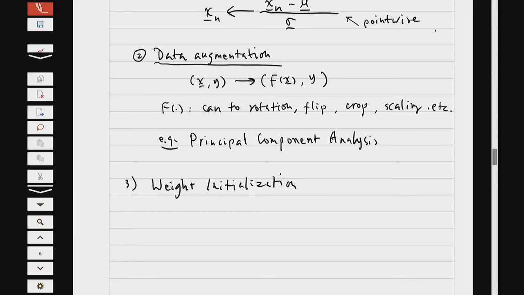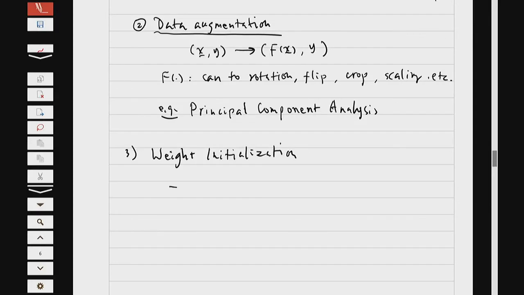Even when your registers don't overflow, if your activation function clips the values, then if your values are large, they'll all be clipped, like the hyperbolic tangent. They all get mapped to 1, and you lose all of the information. So we don't want the weights to be too large.